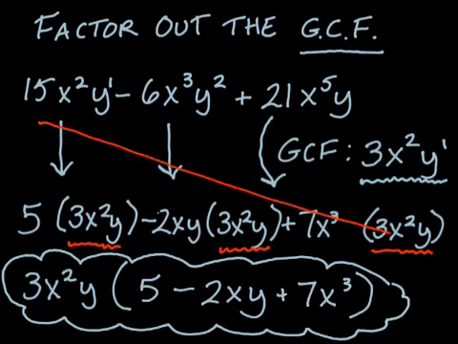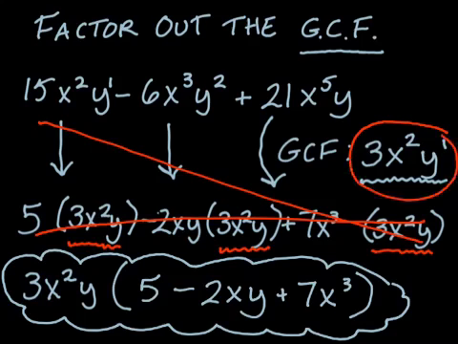You can skip all of this part right here and really focus on identifying first the greatest common factor and then just dividing that out of the original step by step. So if you see here, let me remove this stuff so it's a little easier to follow what I'm saying.